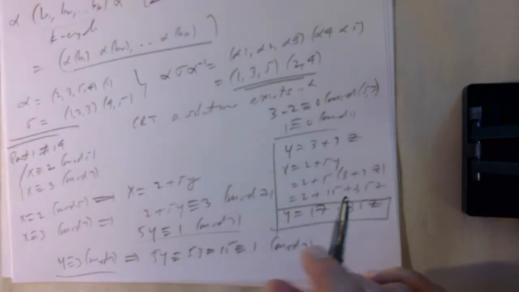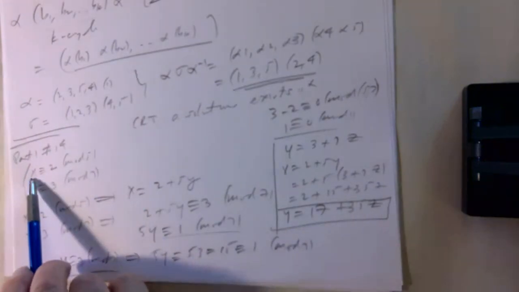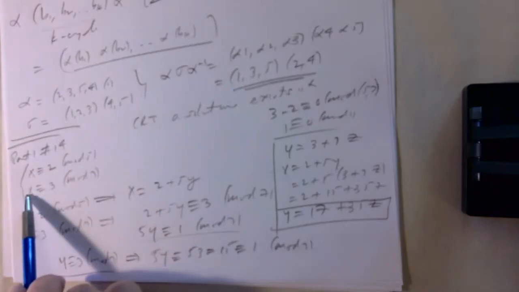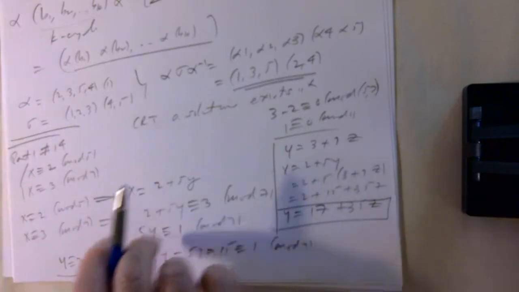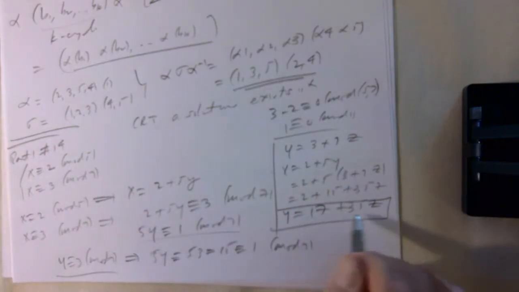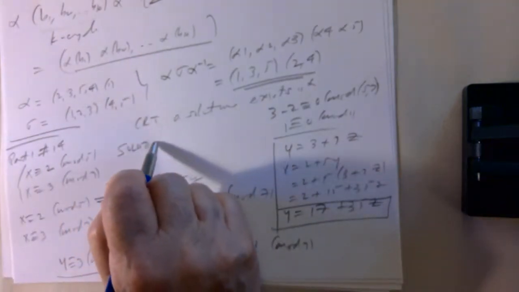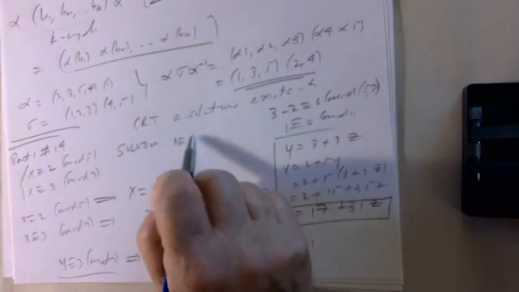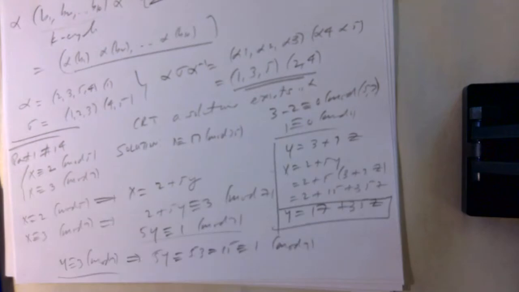So 17 is a solution because 17 minus 2 is 15, which is divisible by 5, and 17 minus 3 is 14, which is divisible by 7, and every solution is congruent to 17 mod 35. So the solution is a whole congruence class, all x congruent to 17 mod 35.